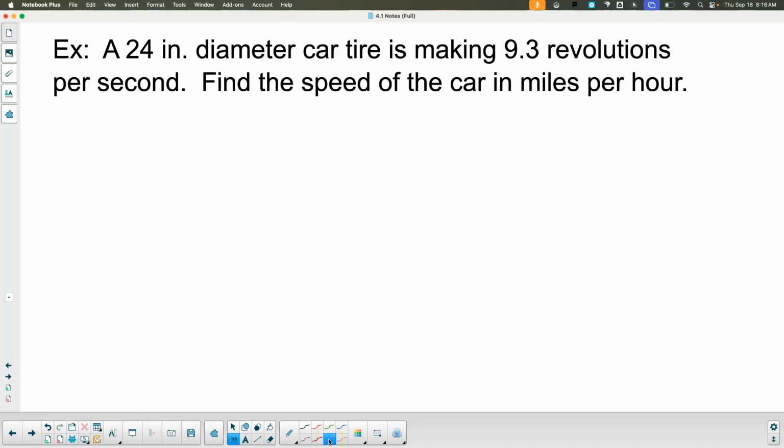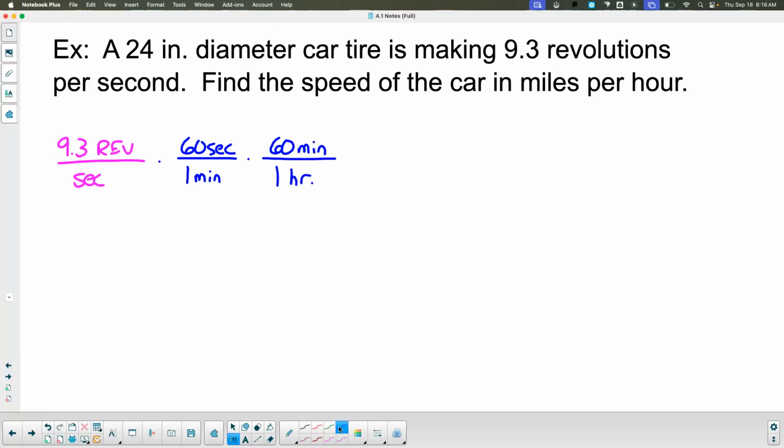Alrighty, so we're doing 9.3 revolutions per second. I know I need to be in miles per hour, so let's change seconds first. 60 seconds is 1 minute. 60 minutes is 1 hour.